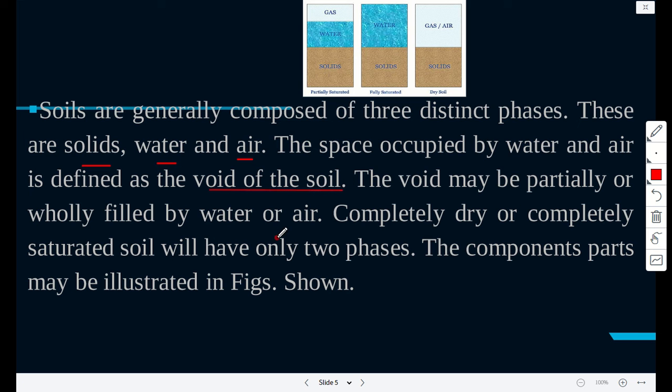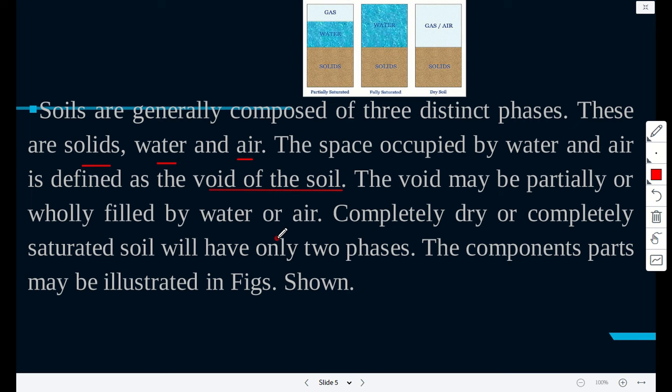The void may be partially or wholly filled by water or air. Completely dry means there is no water, so the voids are completely filled with air. If completely filled with water, then we can say the soil is saturated.